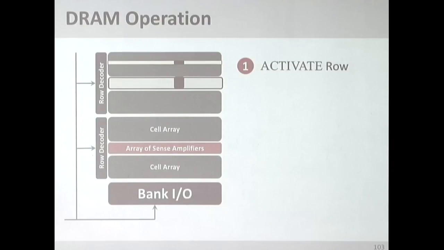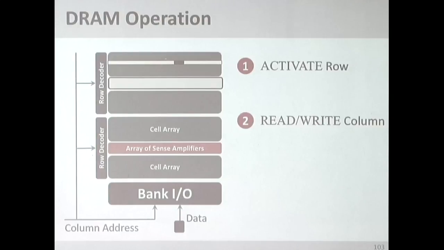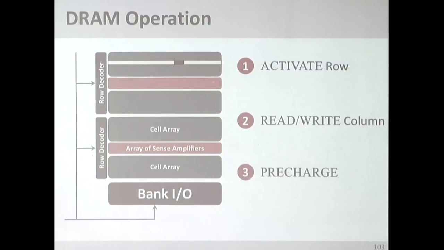Then you need to send the read or write command to the column, which means that you supply the column address, and you get the data out into the bank I/O. That's how it works. And if you want to pre-charge things, you send a pre-charge command, and that deactivates the particular subarray over here. Essentially, you have many, many rows of sense amplifiers here, as you can see.